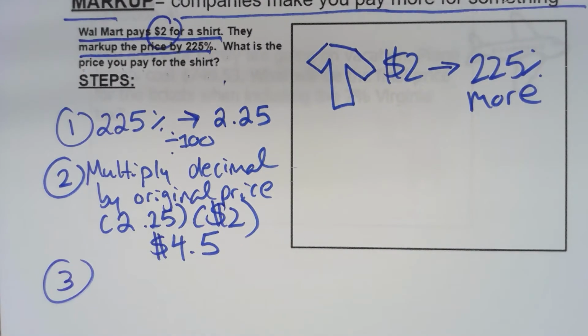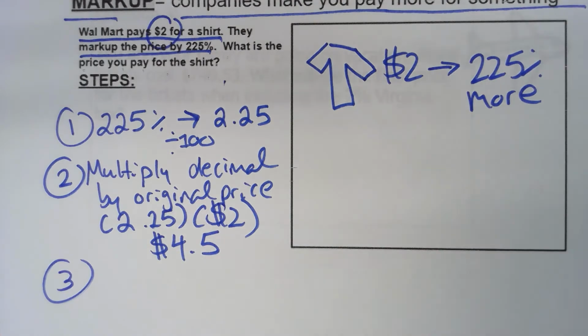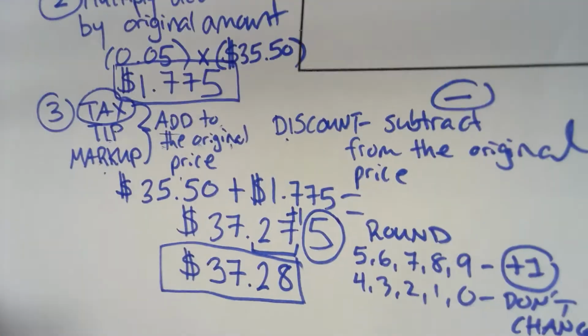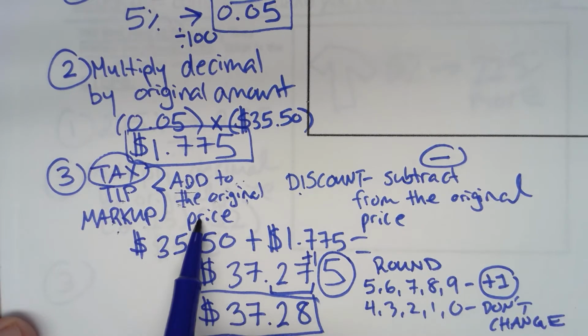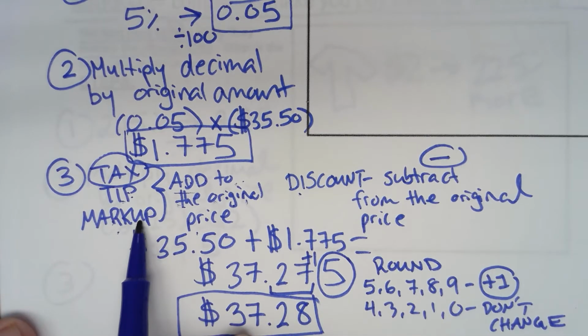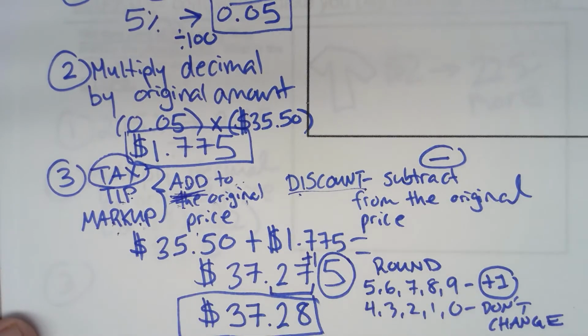Step 3. Remember, this is markup. When we do markup, we add to the original price. Tax, tip, and markup, we add. We only subtract when we do discount.